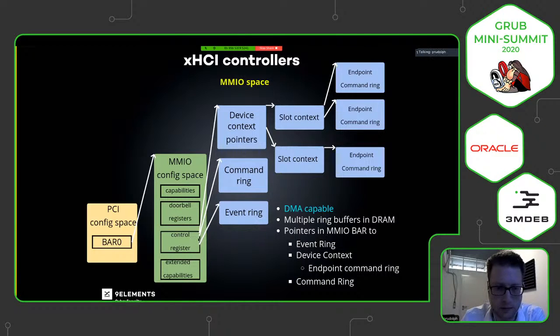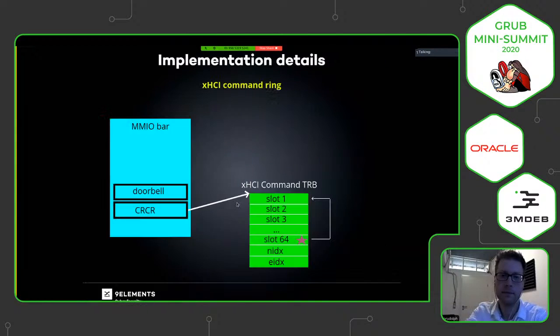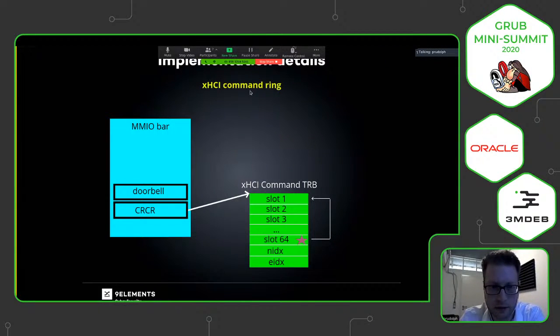It's the software's duty to set up all those pointers and allocate all those buffers before the controller can start and operate. And we will see how that works. So first of all, before we can do anything else, we need a command ring.